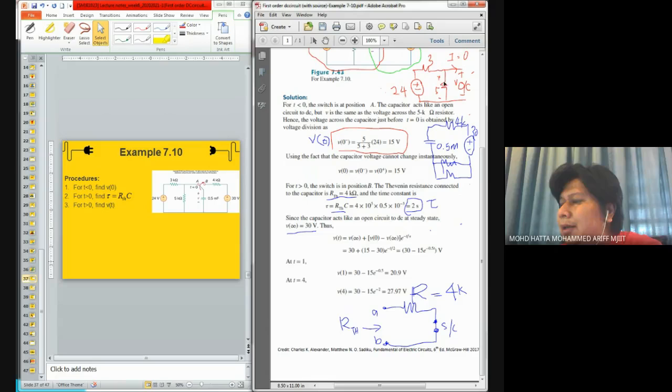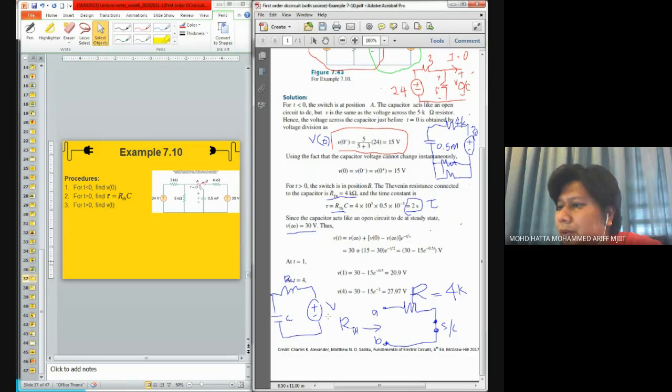Look at the circuit back. If you have a circuit which looks like this, you have a capacitor over here, resistor R, this is the capacitor, and this is the voltage.